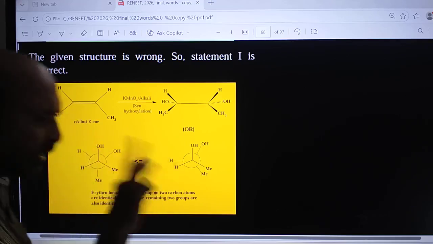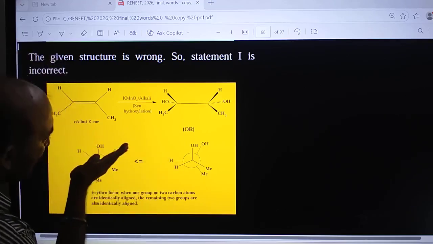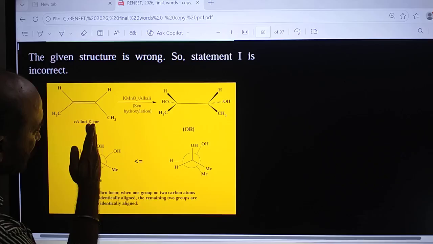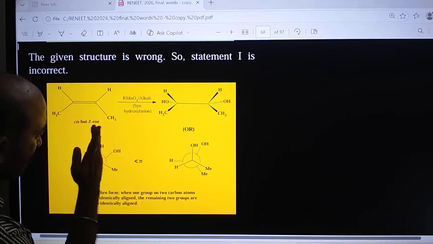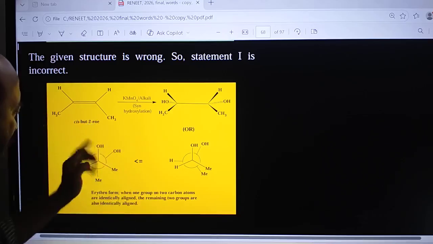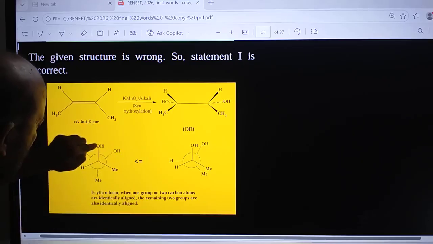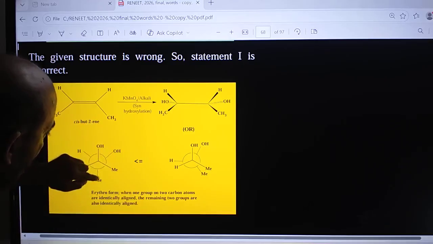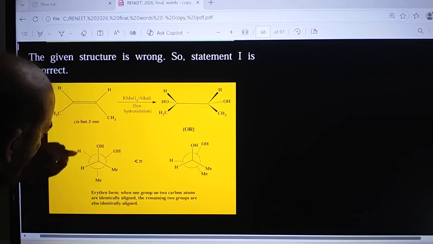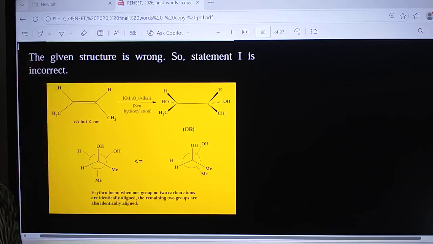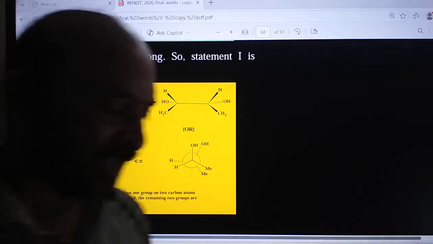Is it erythro? How to check? Bring this OH behind this OH by rotating through 60 degrees. Only 60 degree rotation is needed. So what happened? When this is rotated to this behind this, Me will come behind Me. H will come behind H. All three are aligned.